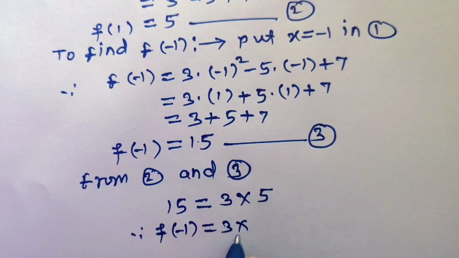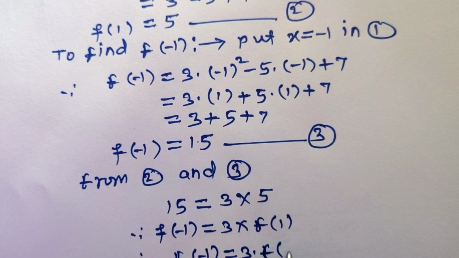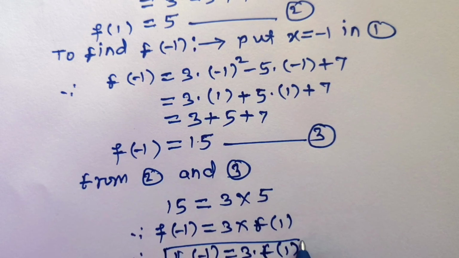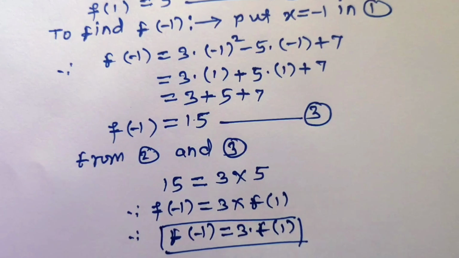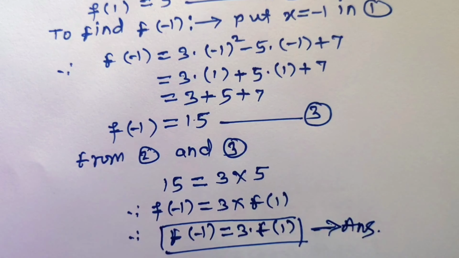But 5 is nothing but the right hand side of equation 2. Hence, 15 is equal to 3 into f of 1. And 15 is nothing but f of minus 1. Hence, finally we can say f of minus 1 is equal to 3 times f of 1, which is nothing but the solution of this sum. This is the answer.